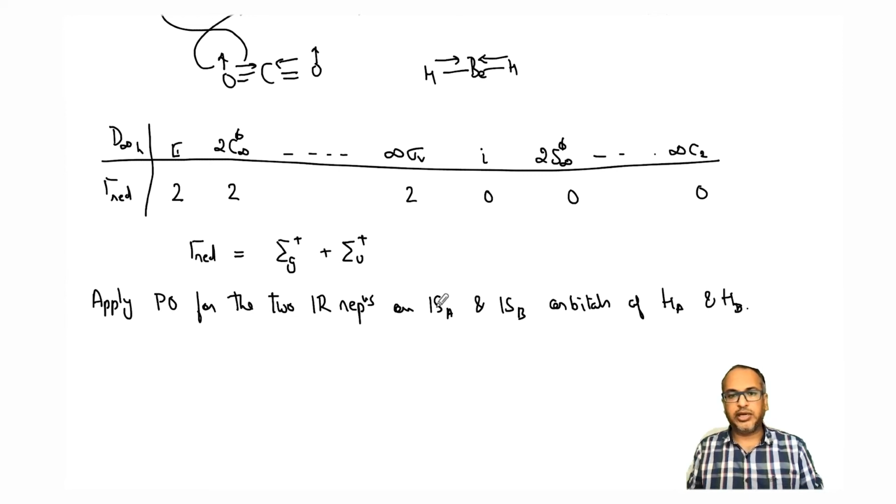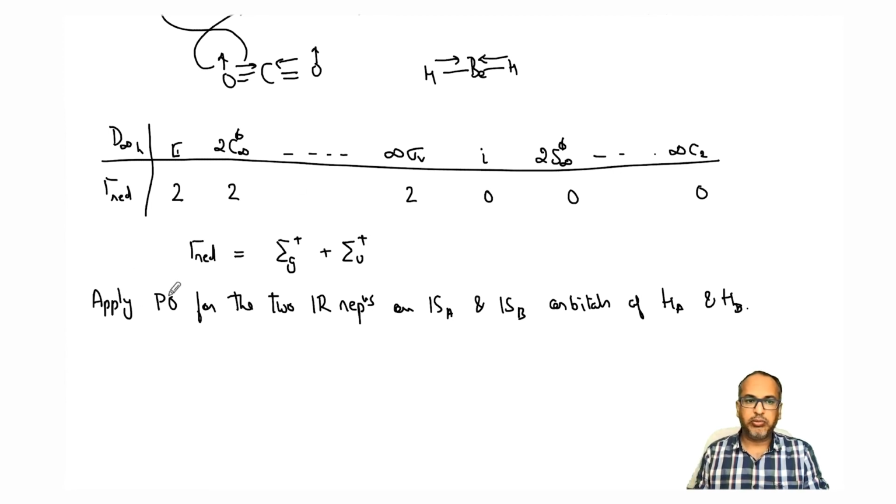Actually you don't need to apply the projection operator, because if you are combining 1sA and 1sB in a 1:1 ratio, you know you will get the totally symmetric combination, and if you subtract one from the other, you will get Σu as the basis. So you can just simply do that, or you can go methodically and apply projection operators, which will be difficult, but you can still manage to do that.